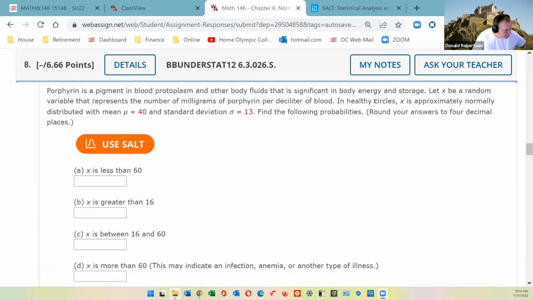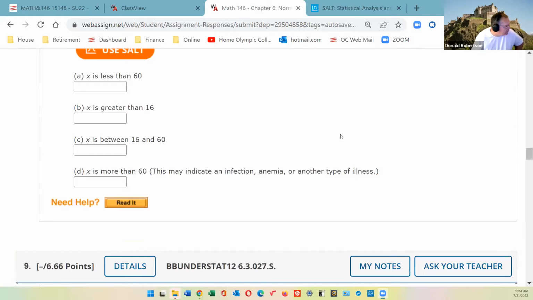In healthy circles, it's approximately normal. So this stuff has a mean of 40 and a sigma of 13. And we are then being asked, what's the probability that you have less than 16, more than 16, between 16 and 60, and then that one?